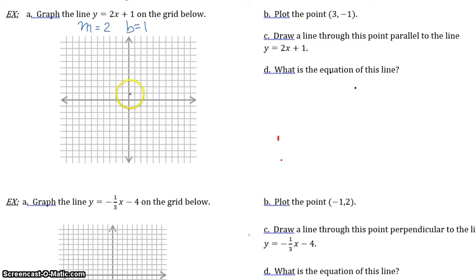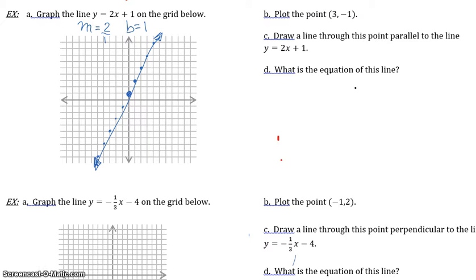We plot the y-intercept on the y-axis, and we use the slope, rise over run, to find more points. So I'm going to rise 2, run 1, rise 2, run 1, and we can do that all the way across our graph so that when we connect the dots, it creates a nice line.